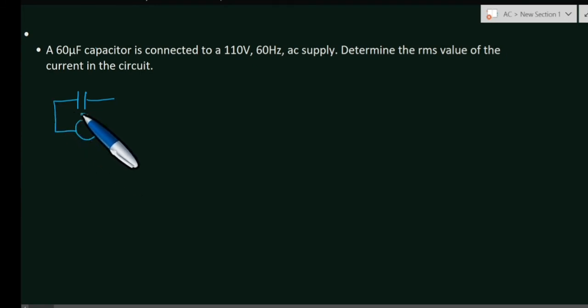So this is AC supply of 110 volts and 60 Hertz. So Vrms is given, Vrms and the frequency of AC. Determine the RMS value. So what is the value of RMS value of current?